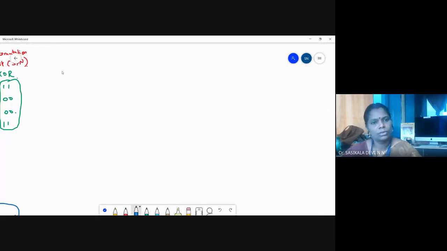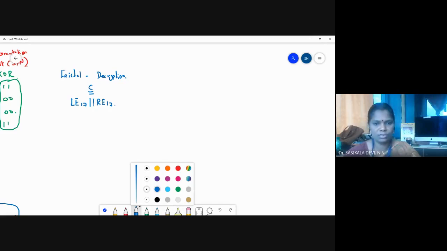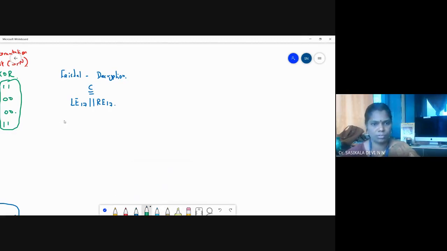So, the Feistel decryption process. The input will be the ciphertext, which is a binary bit stream, initially represented as LE17 concatenated with RE17. This is the input, and it is given to the decryption function. Here I'm going to use a different naming convention.